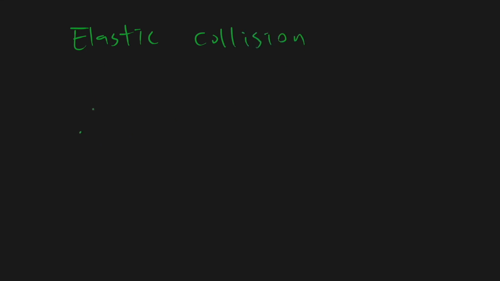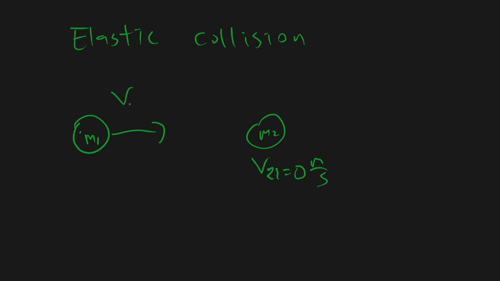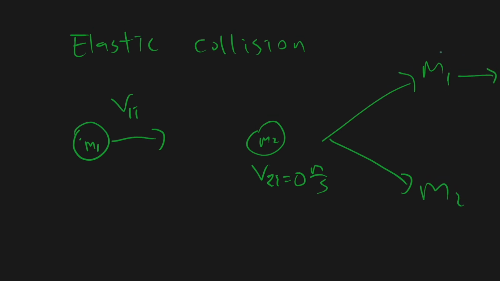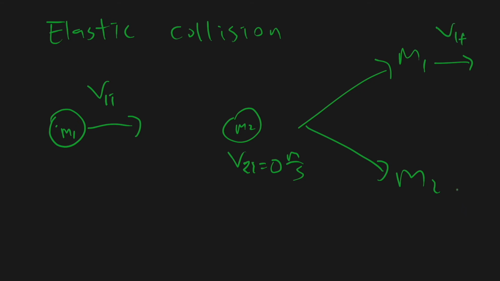Here, this is M1, and this is M2. M2 is at rest, and M1 is traveling at a speed of v1, the initial velocity. And what happens is they collide. So here it has to be M1 and M2, traveling at speeds of v1f and v2f. Because momentum is conserved, pi must be equal to pf.